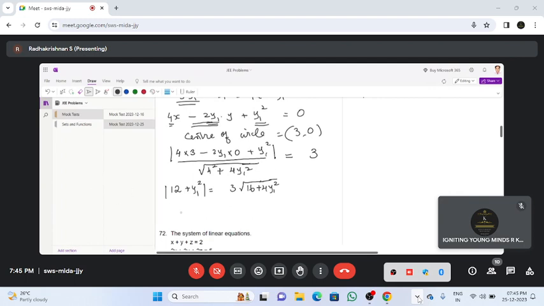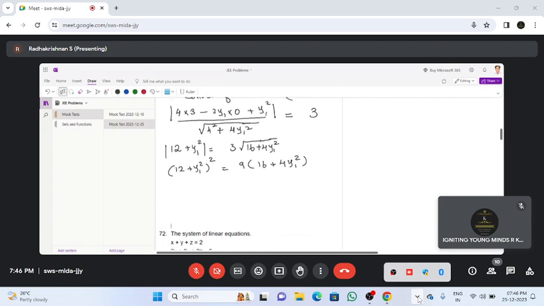So when we square it, let's expand this: 144 plus 24 y1 square plus y1 to the power of 4 equal to 144 plus 36y1 square.